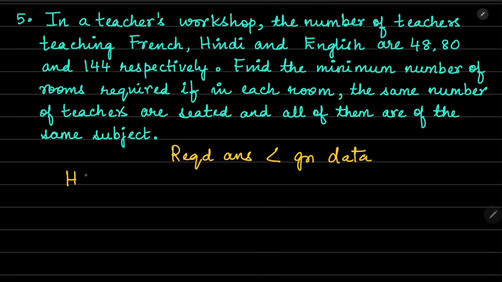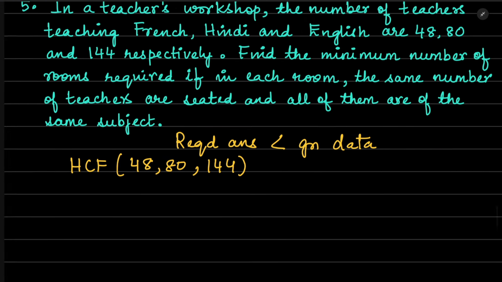You have to calculate the HCF of 48, 80 and 144. So that will give you the highest number of teachers who can be seated in a room such that all the teachers belong to either French, Hindi or English.